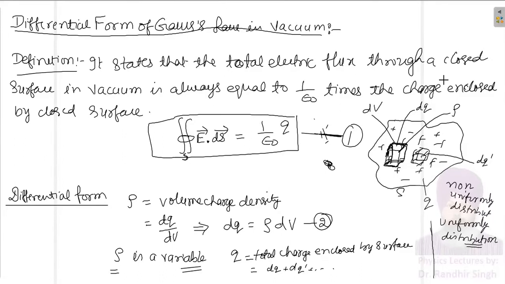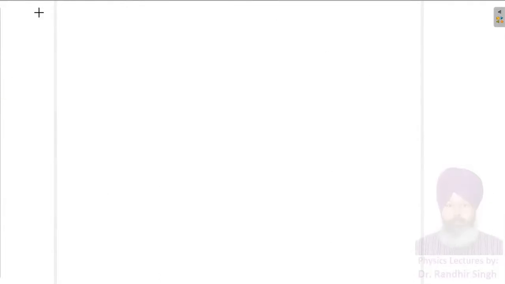But all these charges are distributed within the body of the surface, so it will simply be equal to the volume integration of the elementary charge dq. I can simply write, by using equation number 2, that q will be the triple integration of dq, which is the triple integration of rho dV using equation number 2.